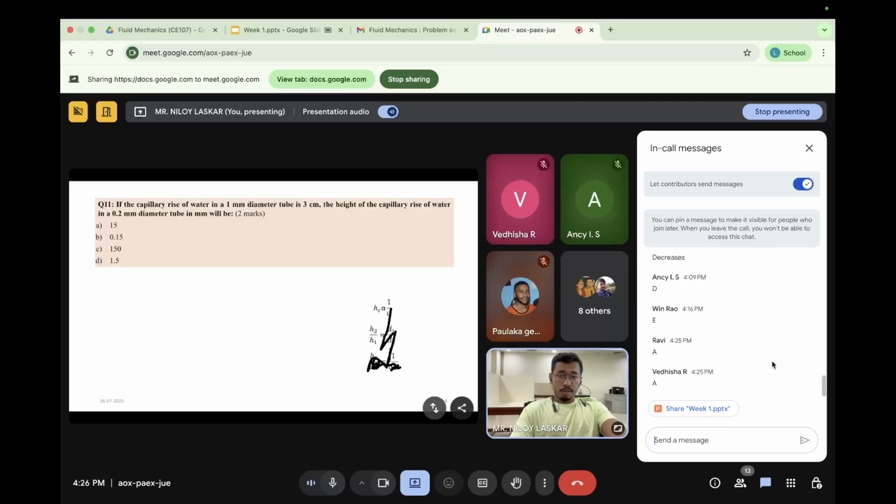Some units are in millimeter, some are in centimeter. So please consider this point while solving. Two students have answered option A.